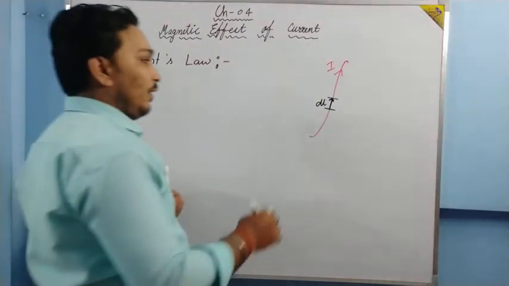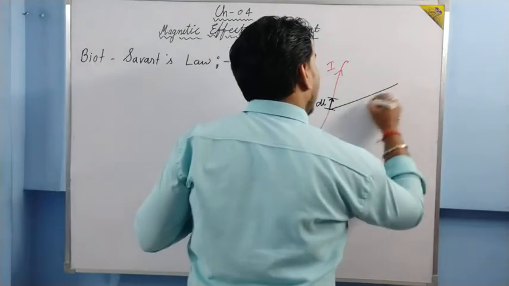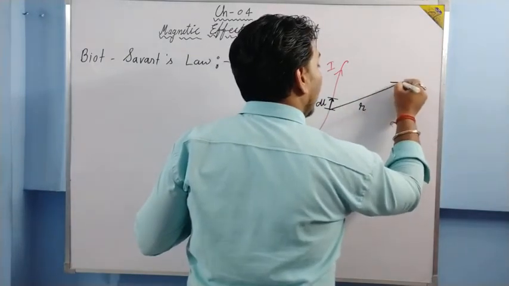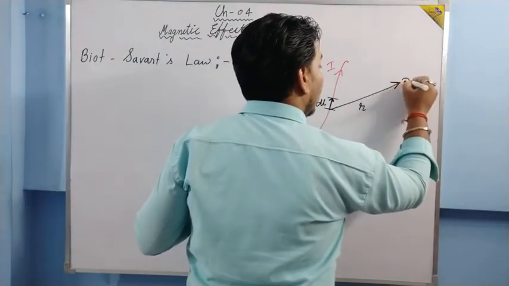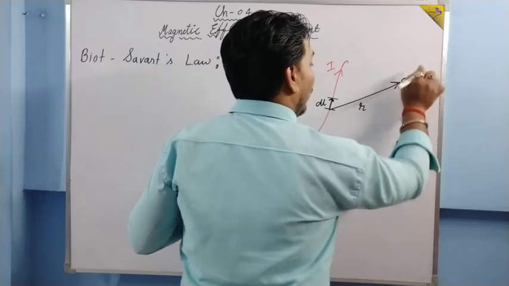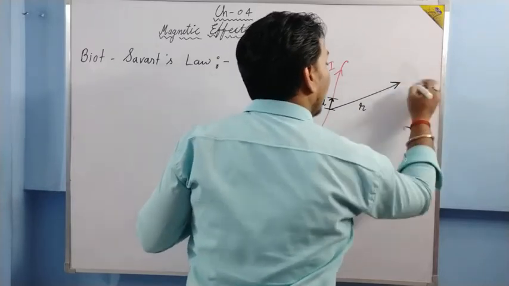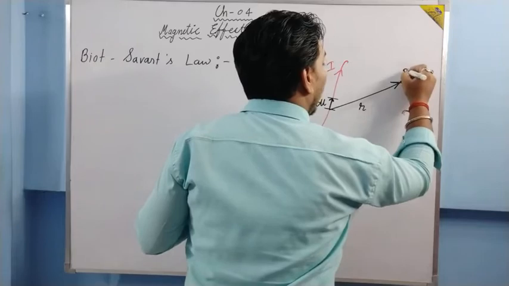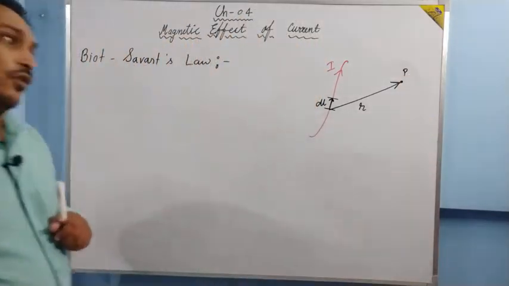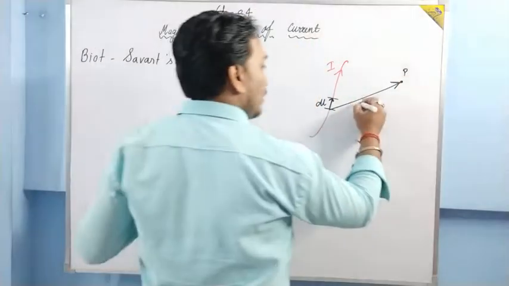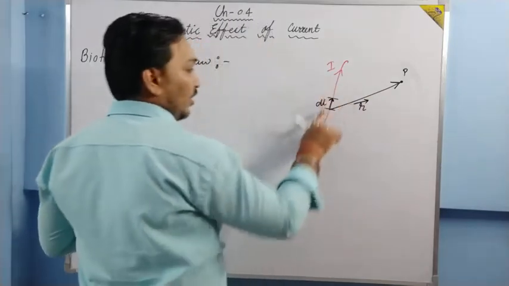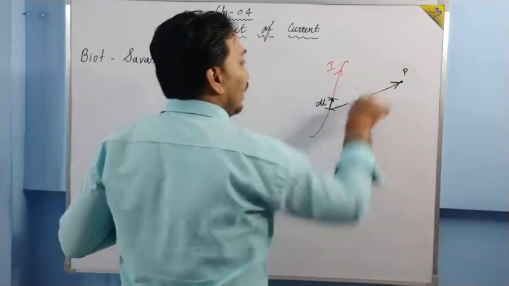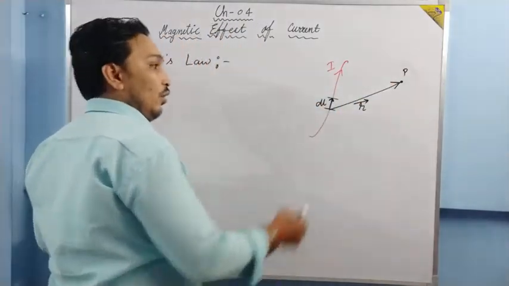Because of dl, at a distance r from it, if we take a point, say point P, with reference to dl we define the vector r.